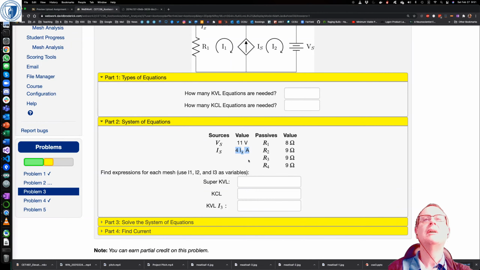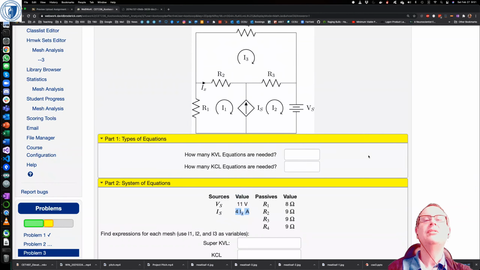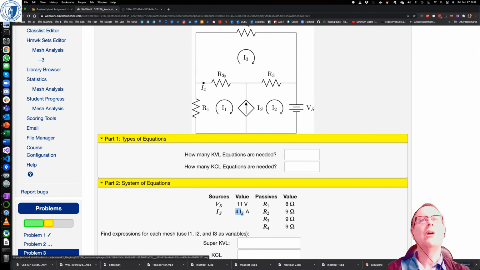Is depends on 4ix, and there is ix there. Right, so ix is equal to I1 minus I3. So Is is 4 times I1 minus I3.